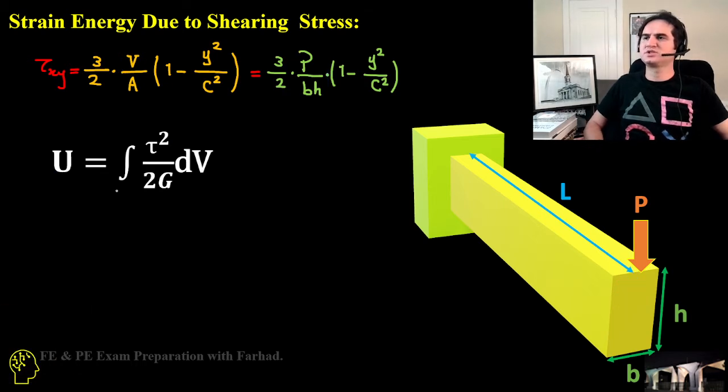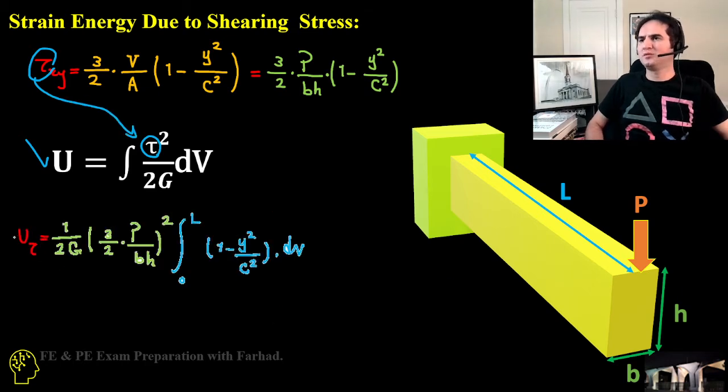Shear is force over cross-sectional area, which is B times H, and then the rest of the formula. And if you know, strain energy U is just the integration of tau squared over 2G times dV. So replace tau xy in this equation and square it.